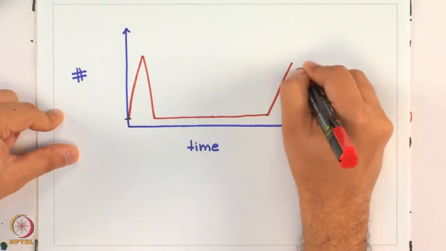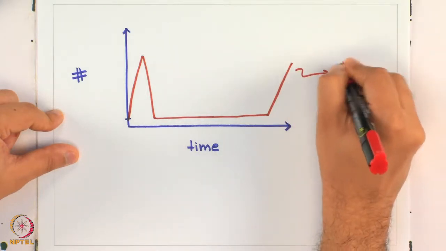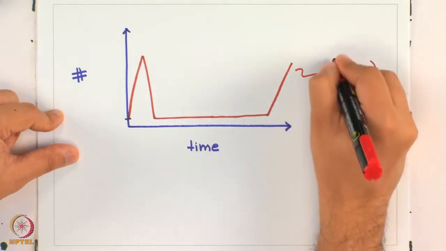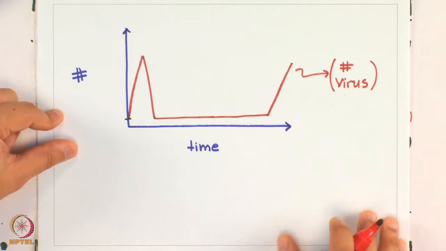So, this is the dynamics of the number of virus particles associated with the system over time.